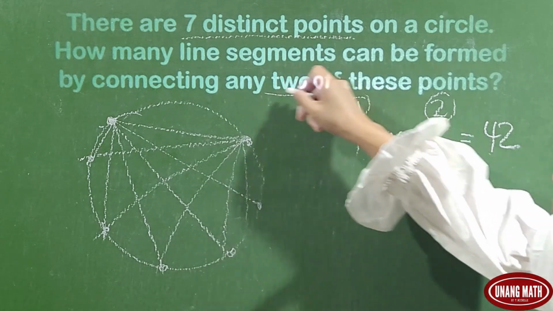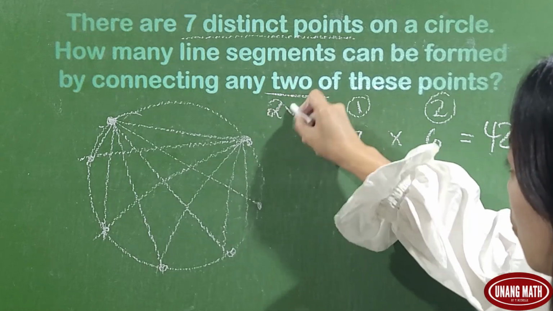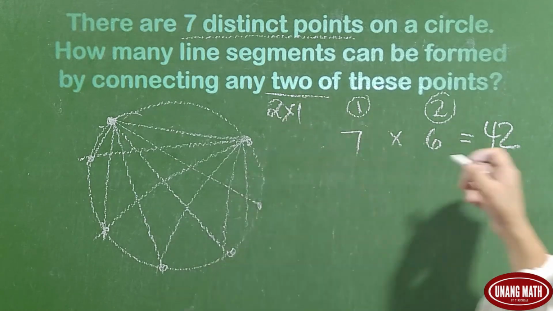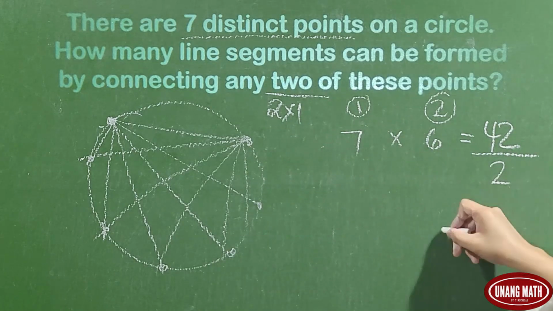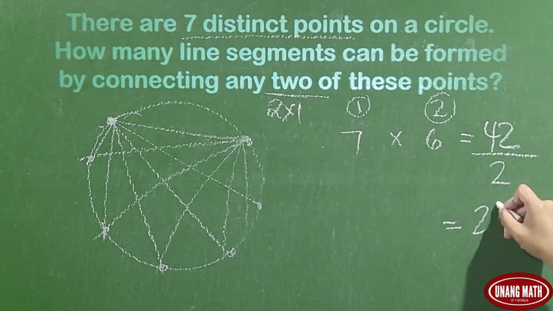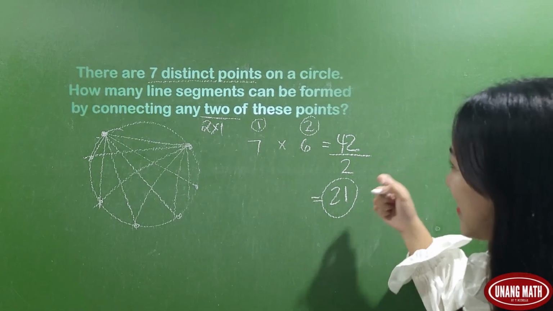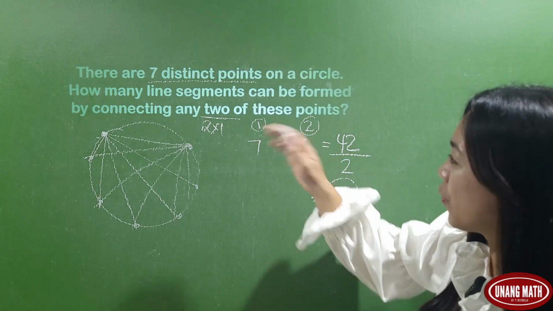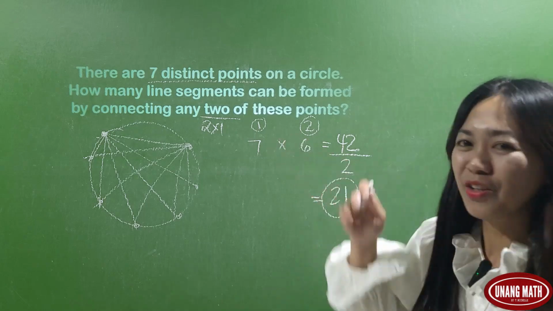So 2 of these points. So get the outcome. So this is 2 times 1. So it's 2. So we have to divide this outcome from this 42. So 42 divided by 2, it means 21. So 21 line segments, or we can form 21 line segments by connecting any of these 2 points.